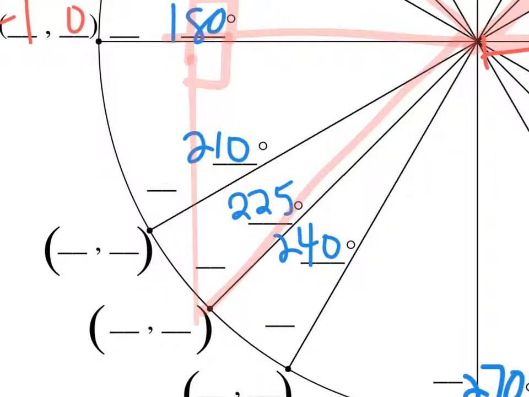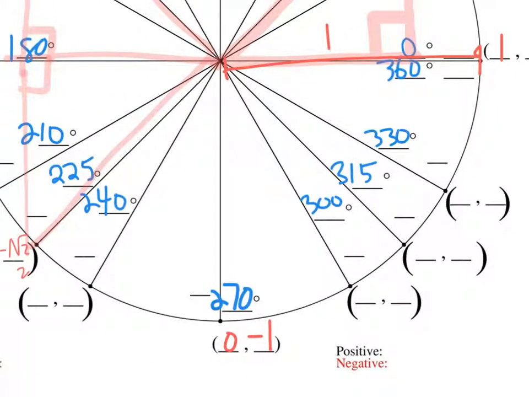Negative square root 2 over 2, negative square root 2 over 2. And then the last one, the last 45, 315. Positive first and then negative. Yeah. Square root 2 over 2, negative square root 2 over 2.